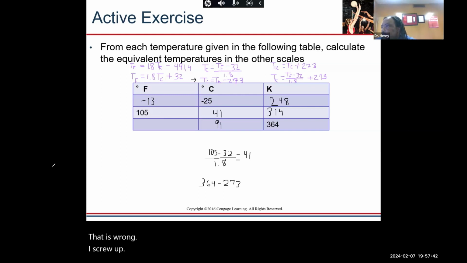Actually, this is incorrect, this part here.